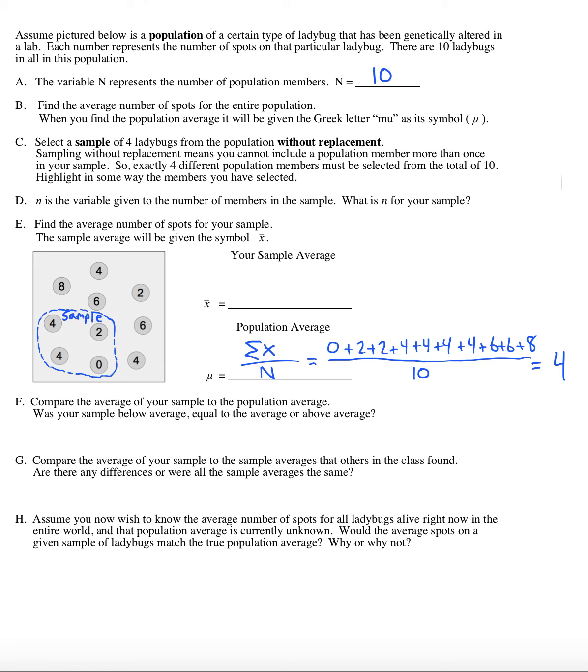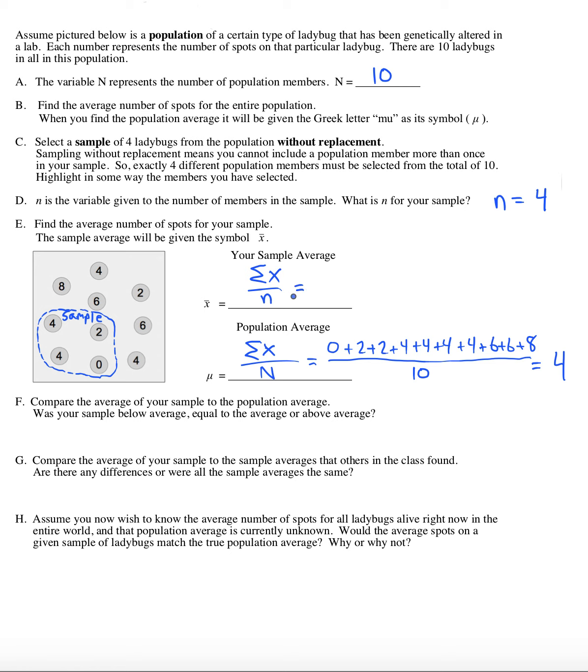Little n is the letter given to the number of members in our sample. What is little n? Little n is 4. We selected 4 ladybugs out of the total 10. And now we want to find a sample mean or sample average. The way it works is we'll use the formula sigma x over little n this time.